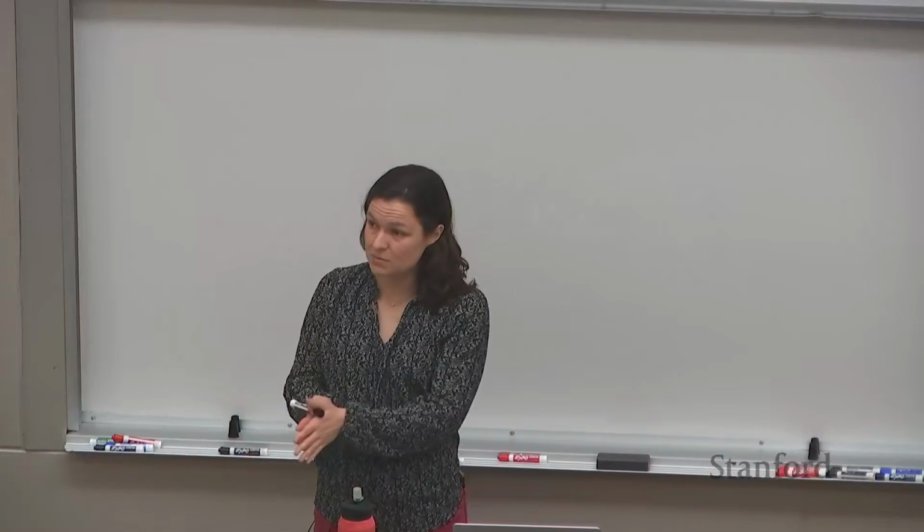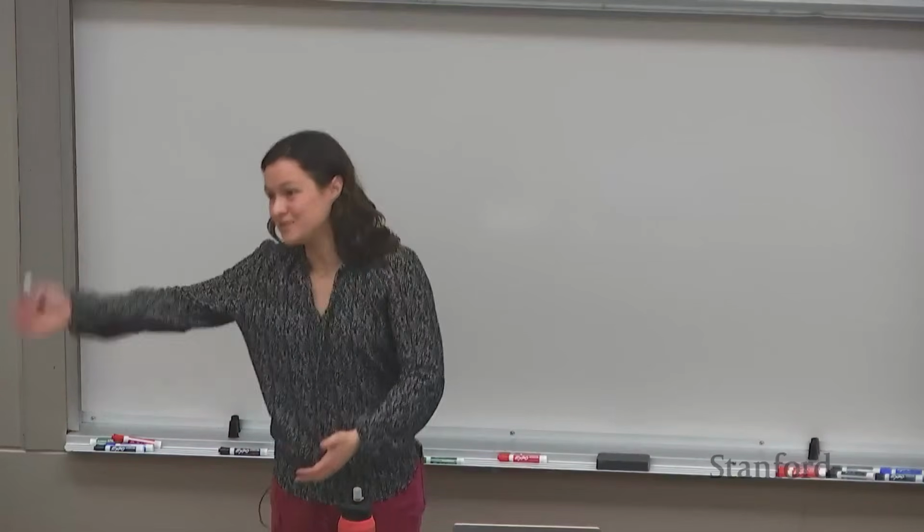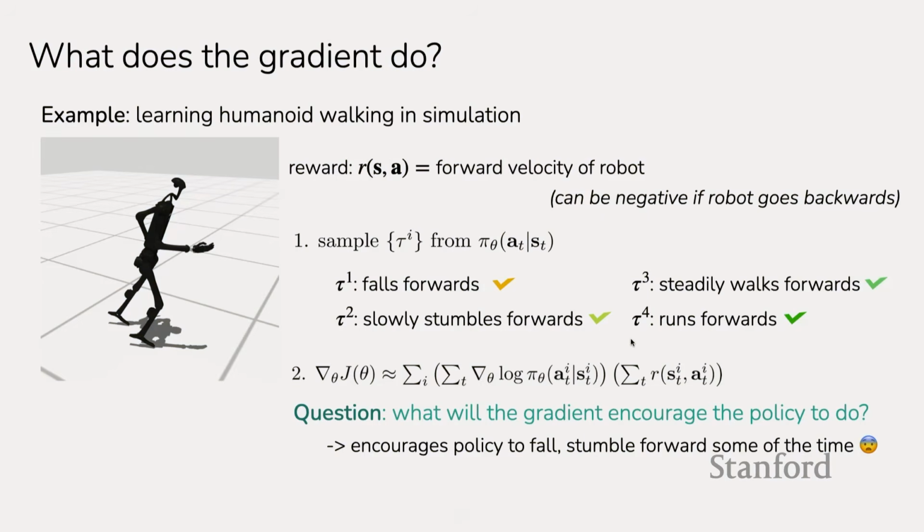But when you have other data in there, that other data will influence it in some ways. And so it won't necessarily converge to a local optimum, because at this point it will encourage it to run forward more, and then the next batch of data will encourage it to run forward even more. So eventually it will converge to the global optimum, but it will get there more slowly because the gradient has a lot of variance depending on the samples that you select.